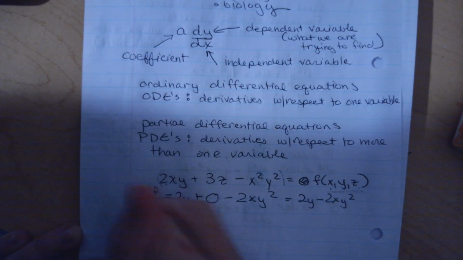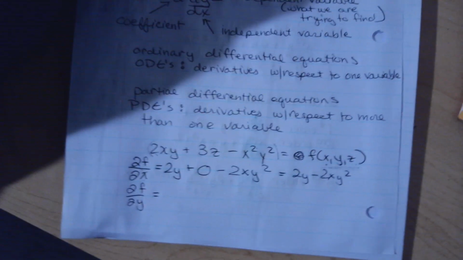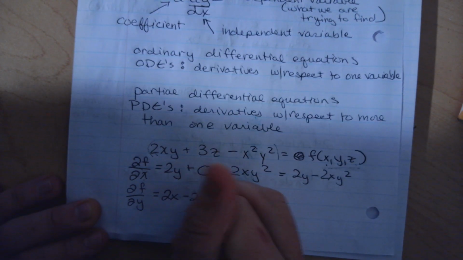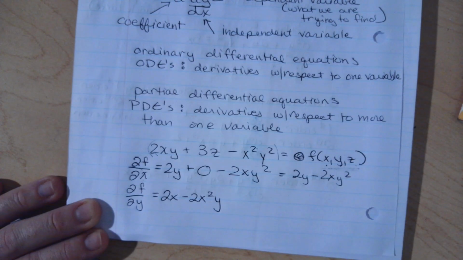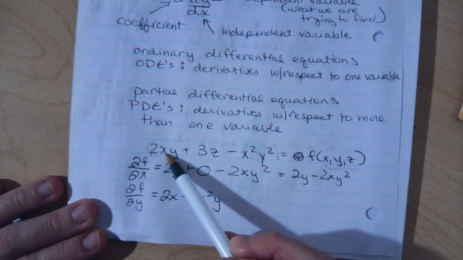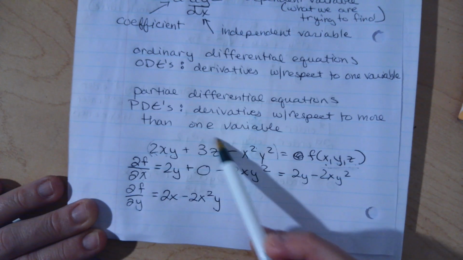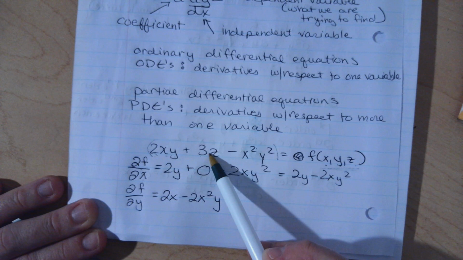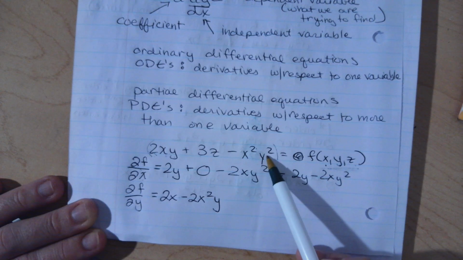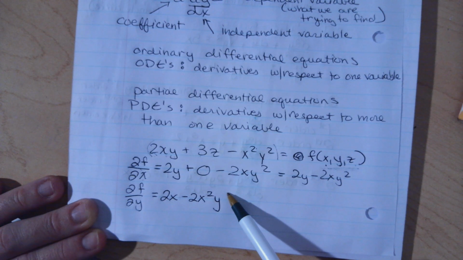The partial of this with respect to y, we then treat y as the variable and everything else is a constant. That would be 2x minus 2x squared y. Why? Because here x is considered a constant, so it just becomes 2x. Here, this is a constant, so it just becomes 0. Here, we're going to end up with the 2 in front, subtract 1 from the exponent, we get negative 2x squared y to the first.